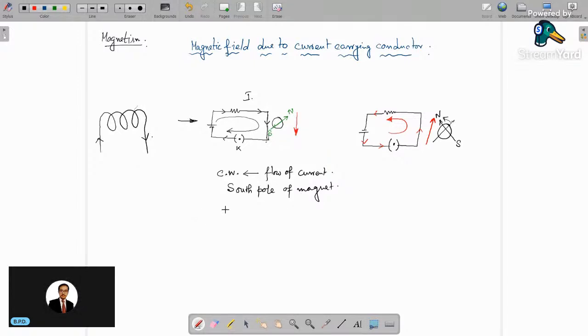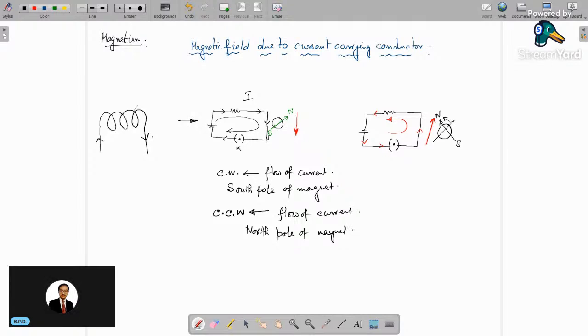Okay, now where the flow of current is in counterclockwise direction, there north pole of magnet exists, right?